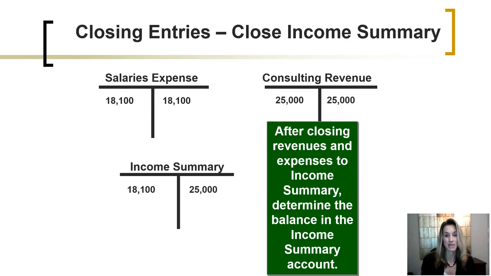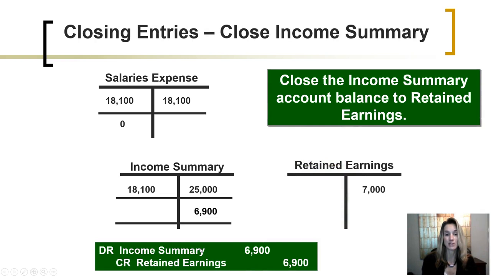All of the expenses are now temporarily recorded in income summary. Our third closing entry is to then take the balance in income summary. If we have credited income summary for revenues and debited it for expenses, we are going to be left with a balance of $6,900 credit because the revenues were greater than the expenses. So now we can prepare the closing entry to clear out that credit balance out of income summary.